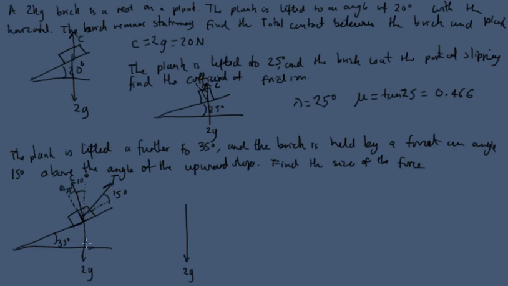If this is our vertical line, C is going to come up here, and that is going to be at 10 degrees. Now we're going to have our tension T here, but we need to think what this angle in here is.